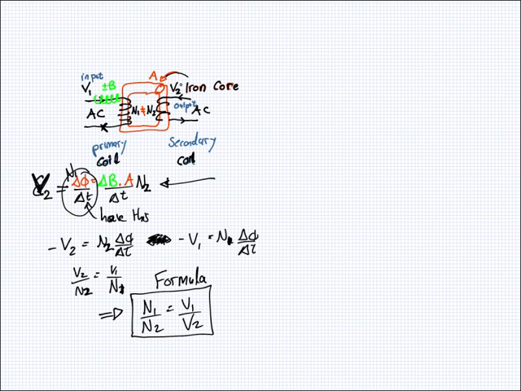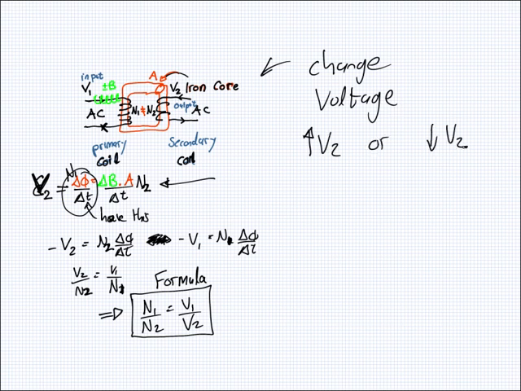V2. Is it bigger or smaller? Smaller. And if these are small and this side is big, then the V2 becomes bigger. So you can use this to change voltage. You can make it increase the voltage, or you can make it decrease the voltage. So your V1 can turn into a bigger V2, or your V1 can turn into a smaller V2. You can make it go up or down.